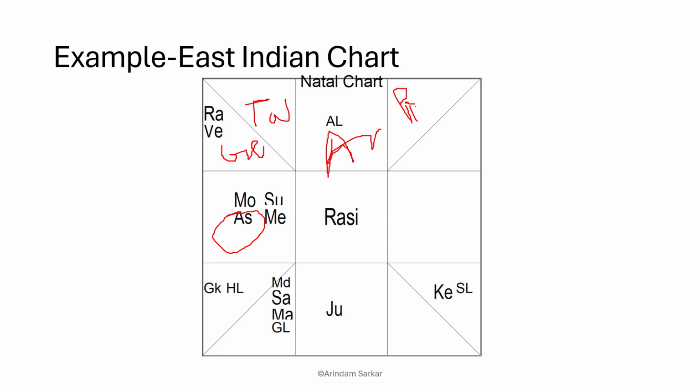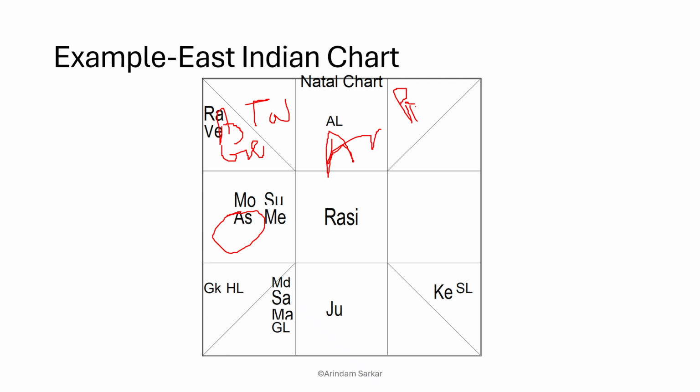Now, if you have Gemini rising, we will mark it AS here instead of Cancer, and we will analyze the chart. And this is how it is represented. The position of the zodiac remains fixed. It is not like North Indian charts.